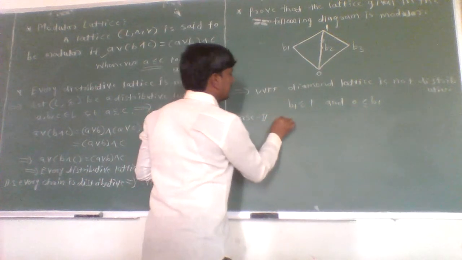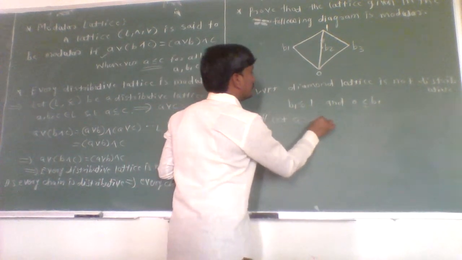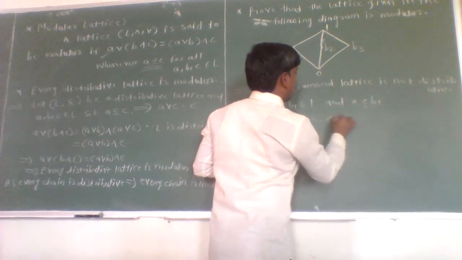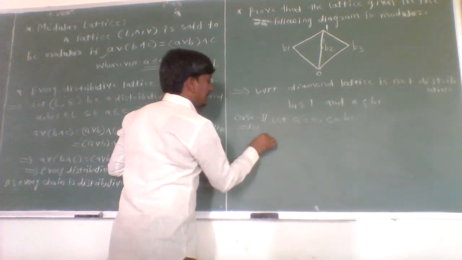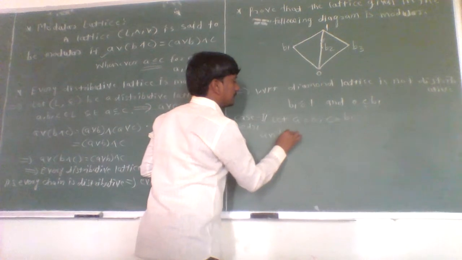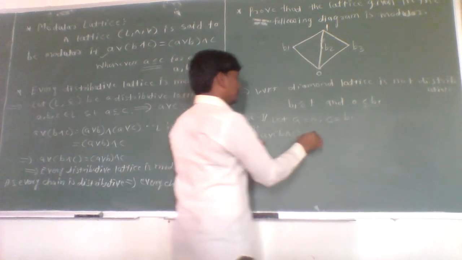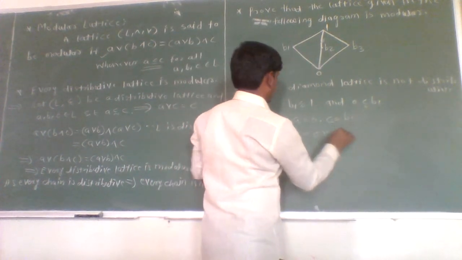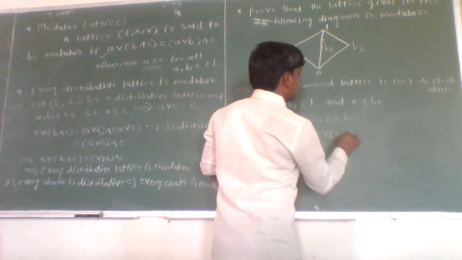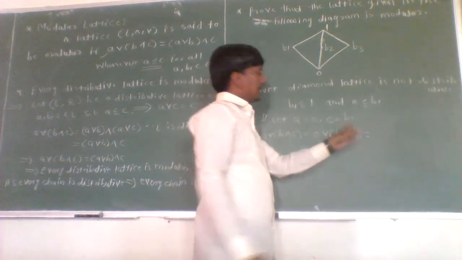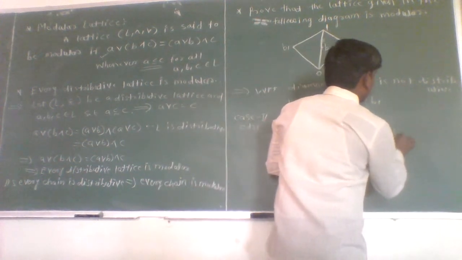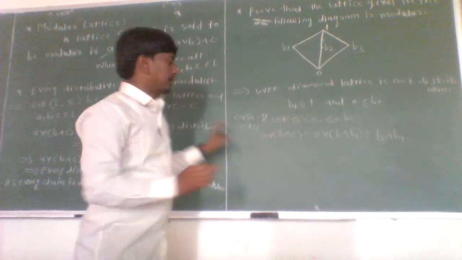Case 2: let a equal 0 and c equal b1. Consider a join b meet c, which is 0 join b meet b1. 0 join anything is that anything, so this is b meet b1, whatever the value of b.